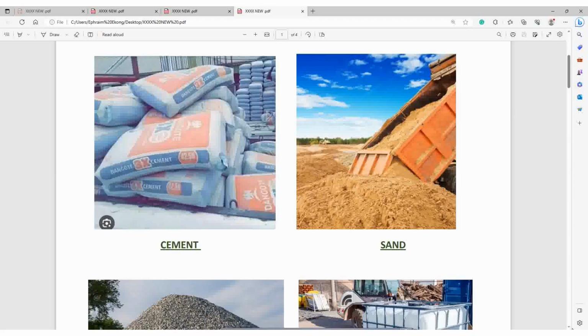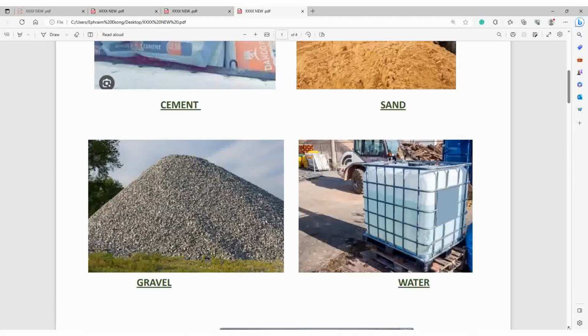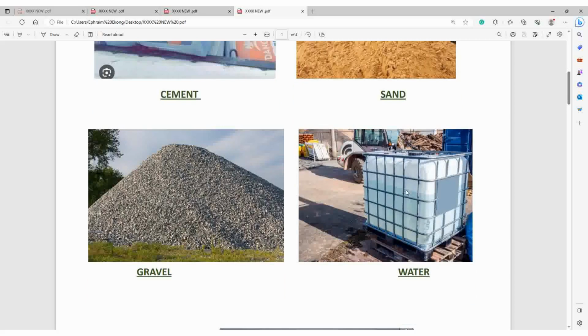Then we also have the water. The water is essential for the chemical reaction called hydration, which causes cement to harden and bind the aggregates together. The water to cement ratio is a critical parameter in concrete.